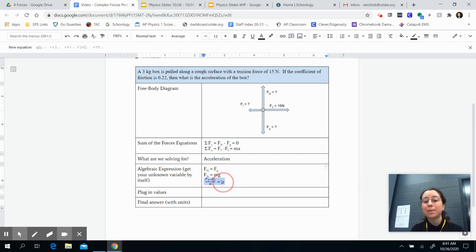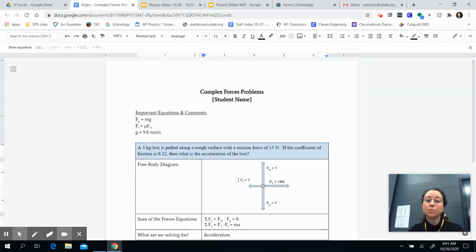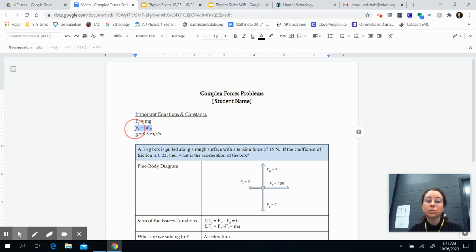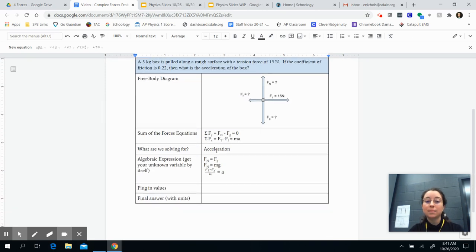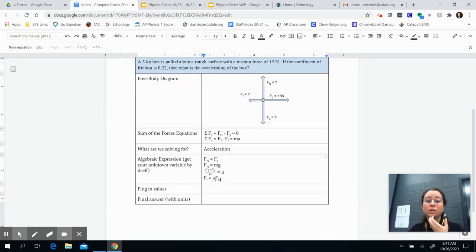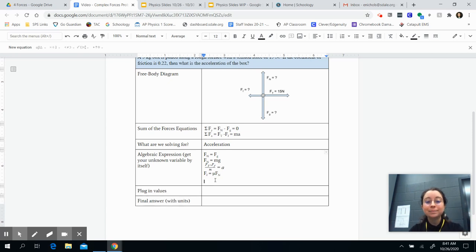So even though I do have A by itself right now, I need to plug in something for FF. That's why it's important to know that FF is equal to mu times Fn. So I'll just go ahead and paste that down here so that I know that.